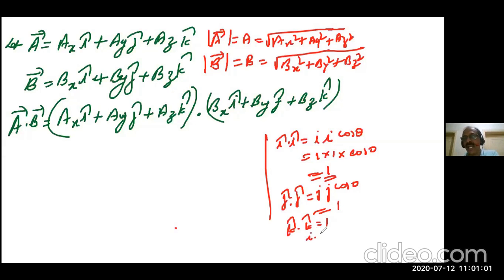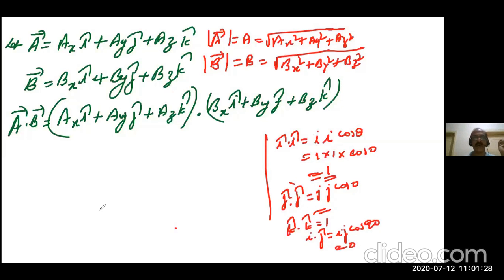Now what is I dot J? I J cos of the angle between I and J. What is the angle between I and J? 90 degrees, because I is along the x-axis and J is along the y-axis. They are perpendicular, so cos 90 is 0.